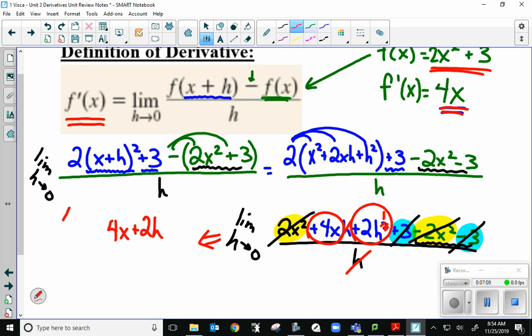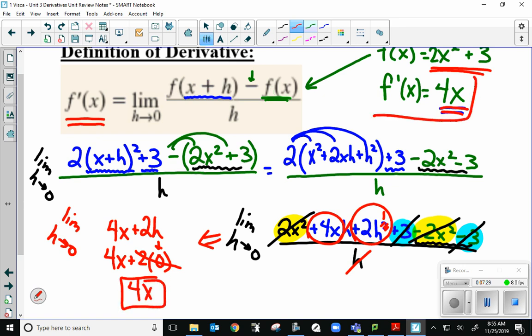And let's not forget that's a limit as h goes to 0. Now I can plug an h in here because there's no denominator. 4x plus 2, my h is 0. Anything times 0? And I just end up with 4x, which is what I said we should end up with anyways.